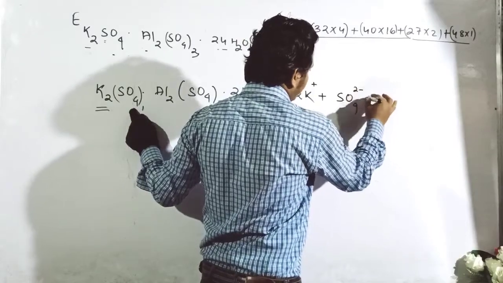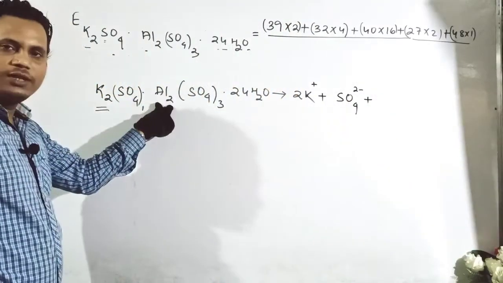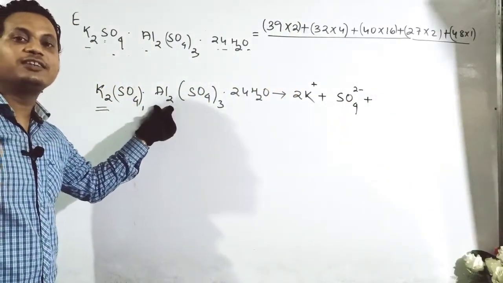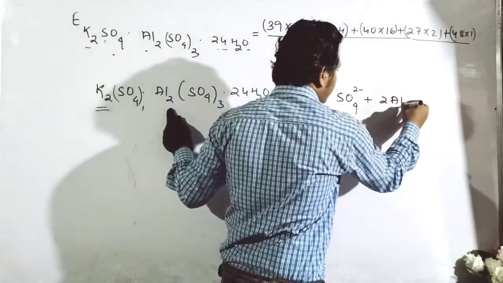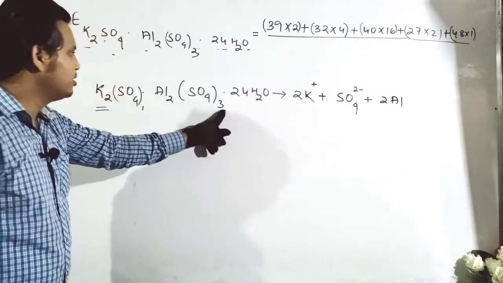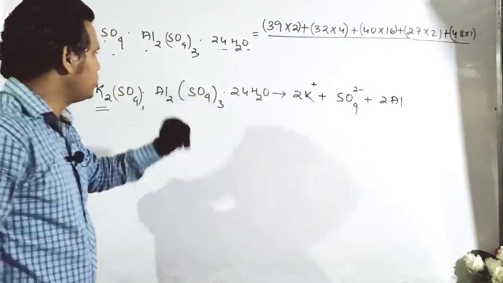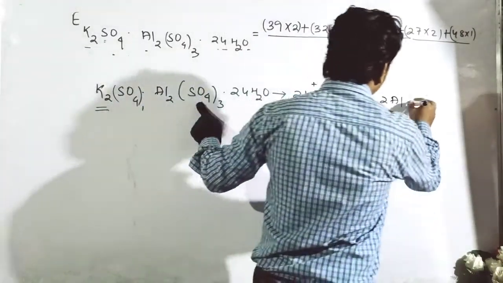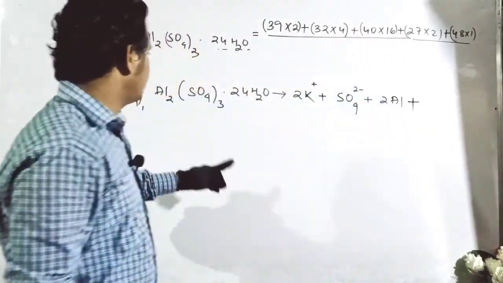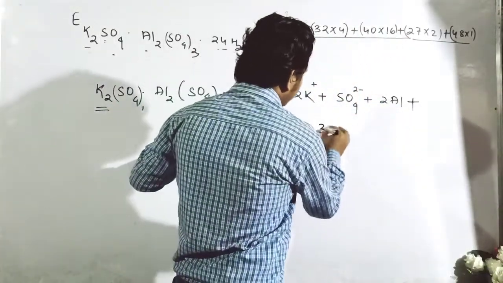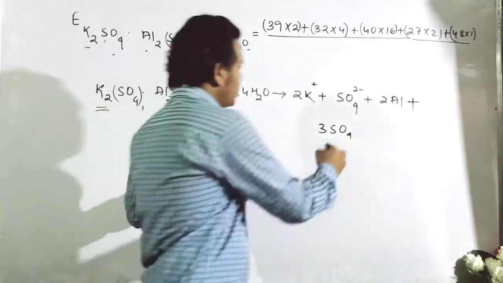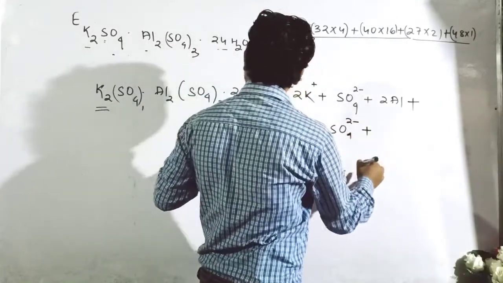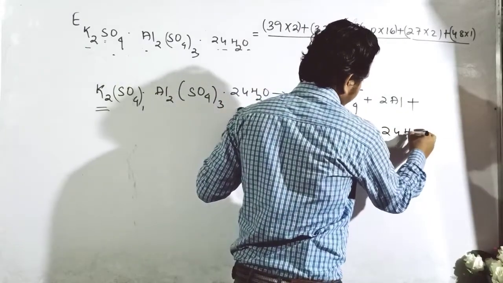Plus, next, aluminium having charge 3 positive. How many? 2 times. 2 times of aluminium, charge 3 positive. Next, sulfate, how many times? 3 times. So 3 times of sulfate, charge 2 negative, plus 24 water.